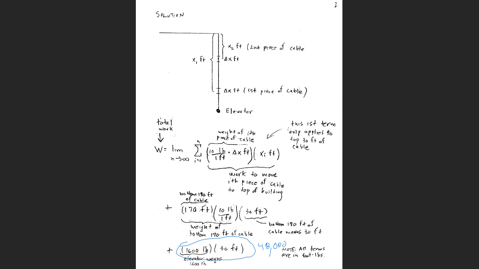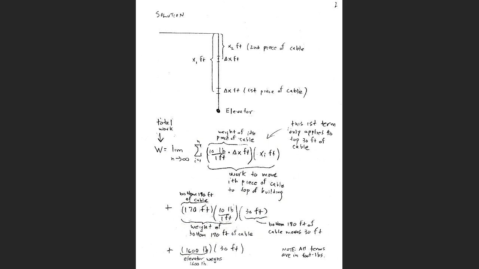And then this part here, if we take 170 times 10 times 30, and we know the units are right because if we cancel the feet out we're left with units of foot-pounds. It's like in chemistry, you confirm your work by checking that the units are right. That's 51,000 foot-pounds. And again, this part here becomes the integral from 0 to 30 of 10x dx.